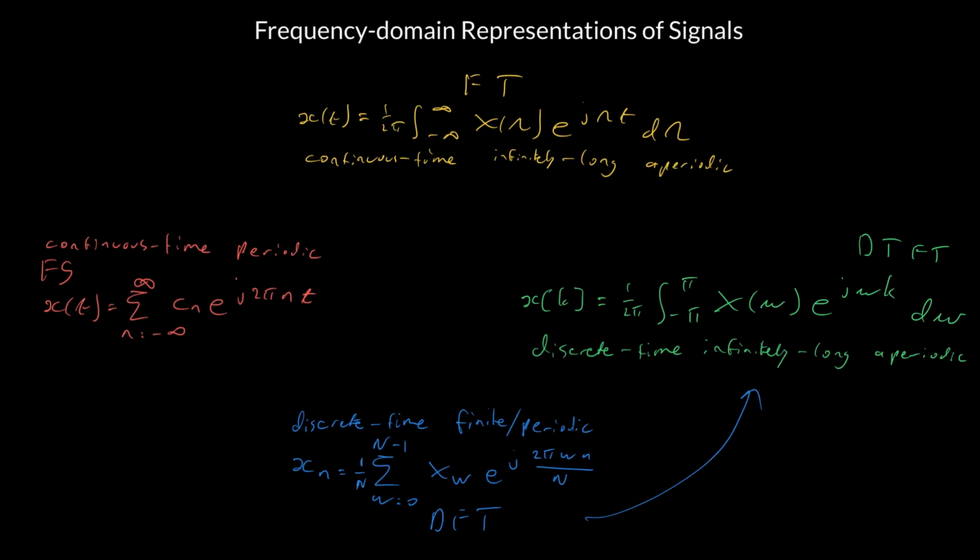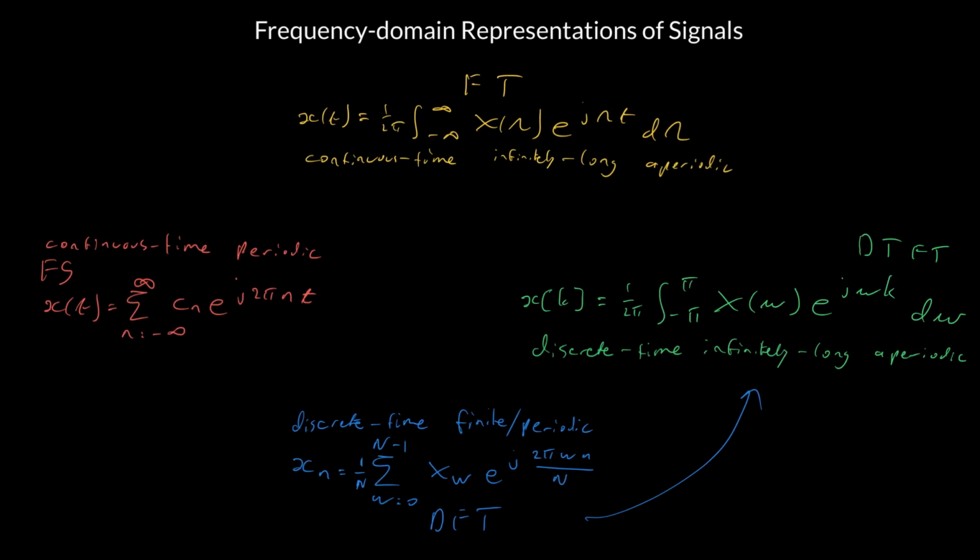If we take our discrete time finite signal, x0 to x capital N minus 1, and if we go back to an infinitely long signal simply by appending zeros on either side of it, we can certainly do that, but then we won't have a very clear relationship between the two frequency domain components.